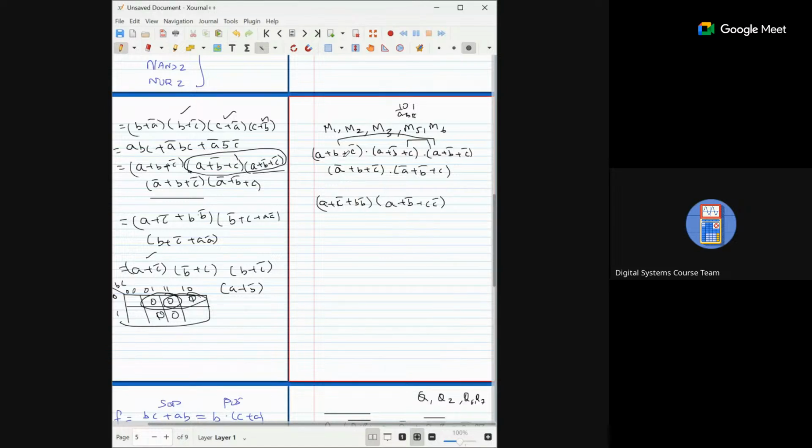Then if I group 1 and 5, I will get B plus C, A bar plus B. Then if I group 3 and 6, I can write B bar plus C bar plus A bar. So finally these are cancelled. You get the simplified expression A plus C bar, A plus B bar, B plus C bar, then B bar plus C bar.